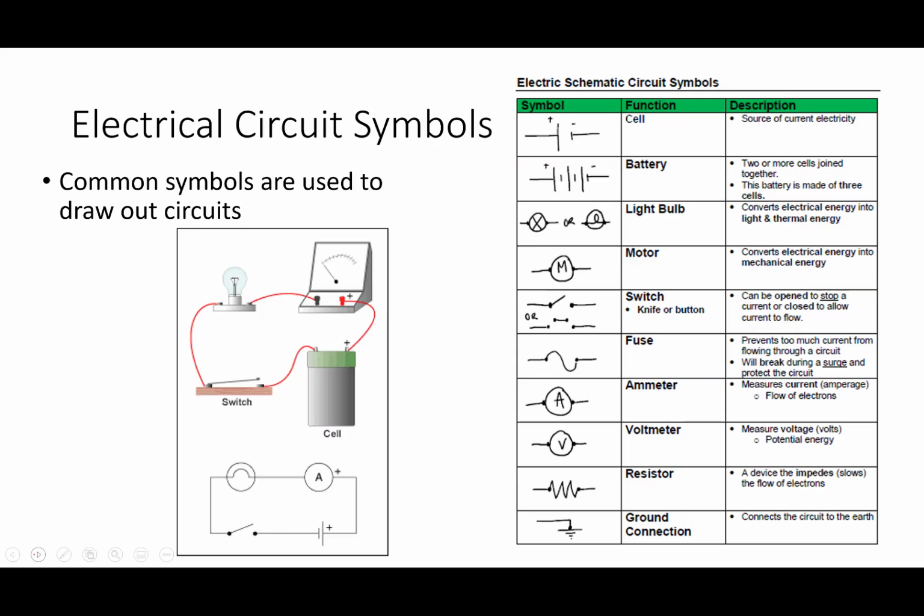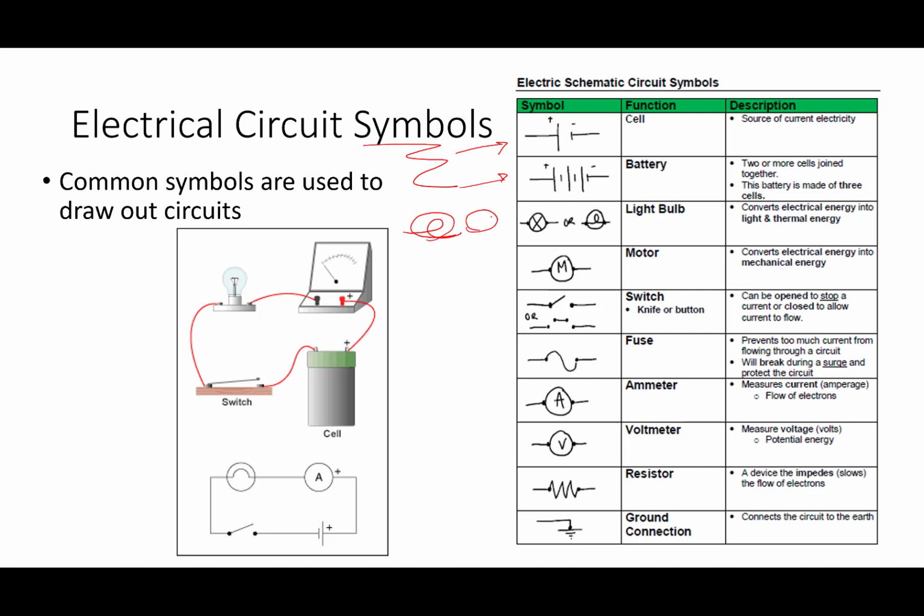As we look at these circuits, they are often drawn with symbols. There are multiple different things you can put in a circuit. We're going to stick to the very basics. The symbol for one chemical cell, you put multiple cells together for a battery. A bulb, I always taught that you drew a bulb like this.